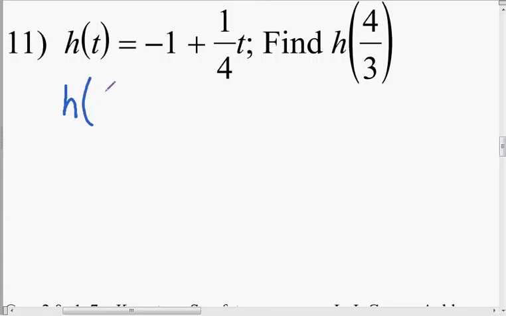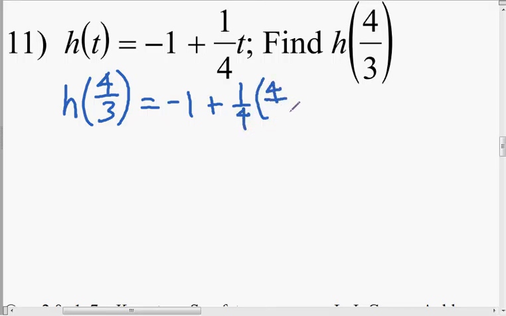So h of 4 over 3, end up with -1 plus 1/4 times 4 over 3. I cancel the fourths. I end up with -1 plus, I get 1 over 1 times 1 over 3. End up with 1 over 3.